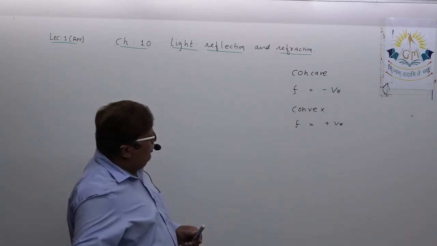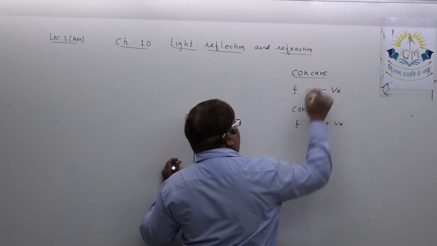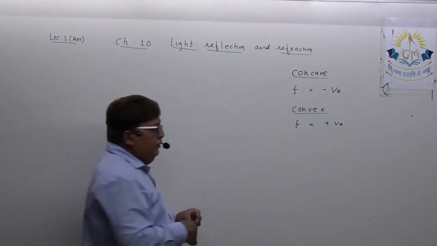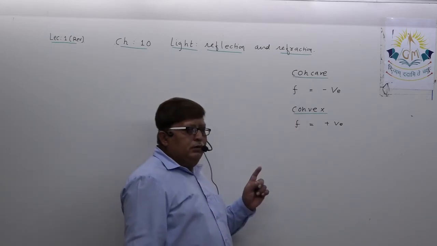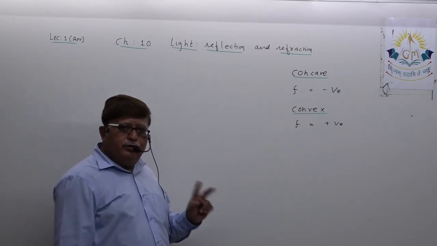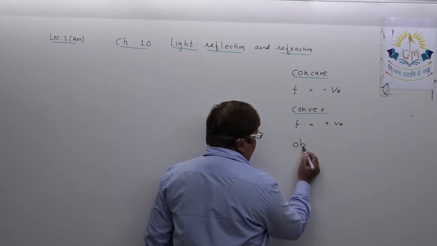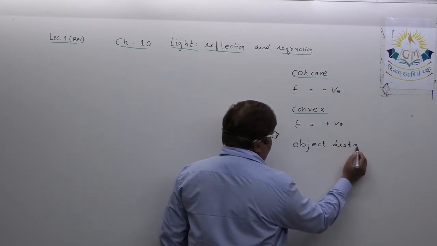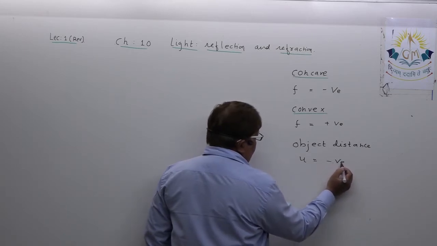One more important point: for any mirror, either concave or convex, object distance u is always negative.